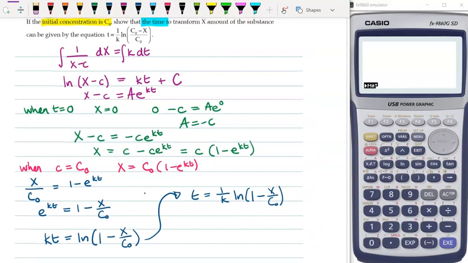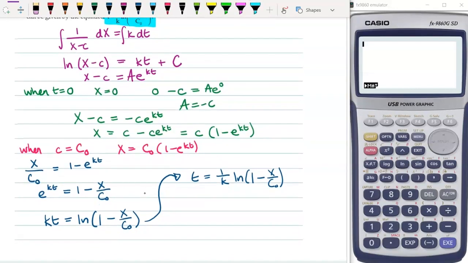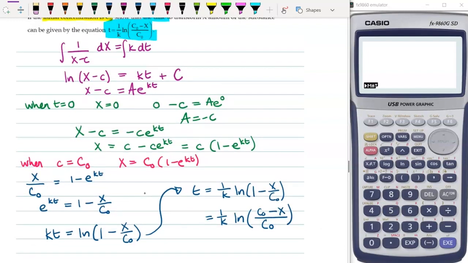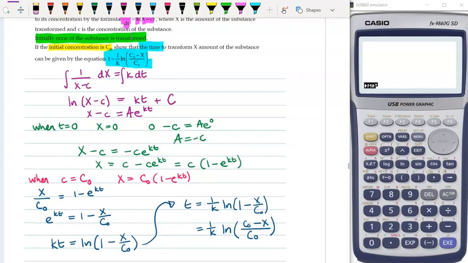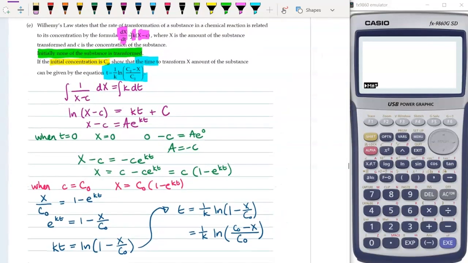We're almost there. The last step is to put that bit in the brackets over a common denominator. So we have 1 over k natural log, and if it's all over C0, we need a C0 to make the 1 minus x. And that is what we were being asked for in the question just here. So there it is, all on one screen.